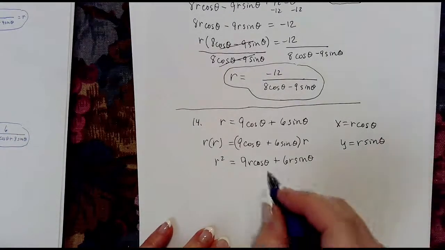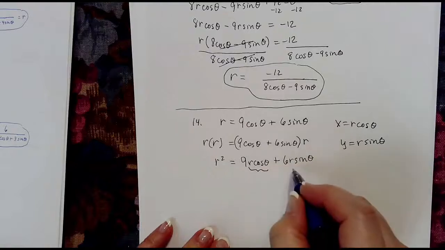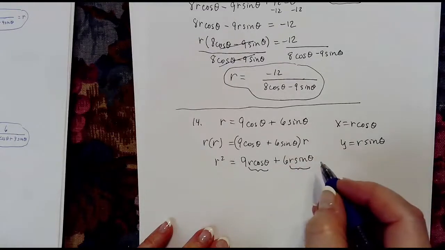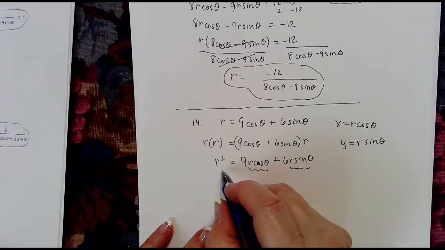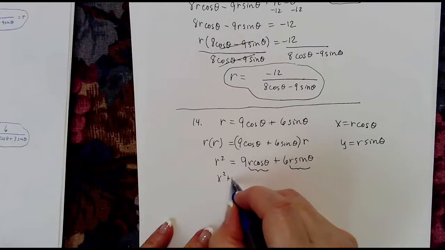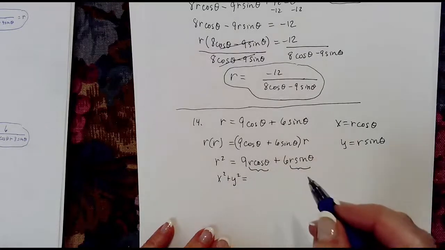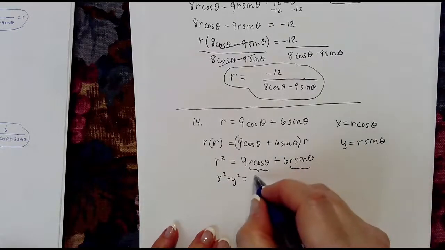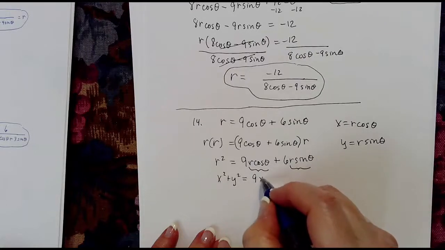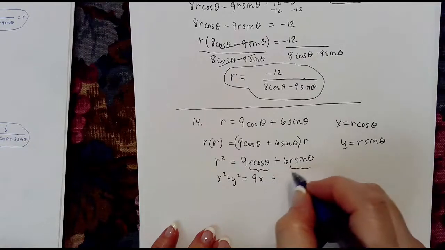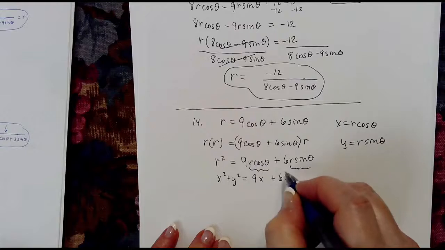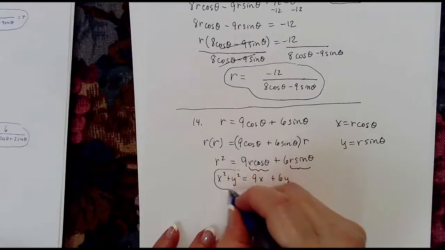But now, what is this piece? And what is this piece? R squared, we know, is x squared plus y squared. So I can plug that in for r squared. So this is going to be 9x plus 6y. And then this would be my answer.